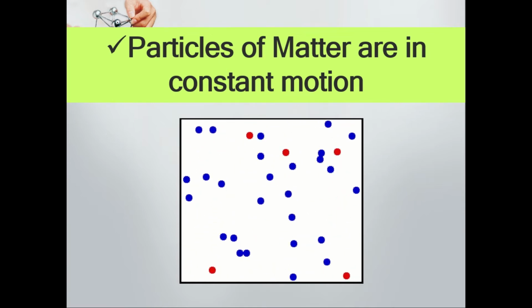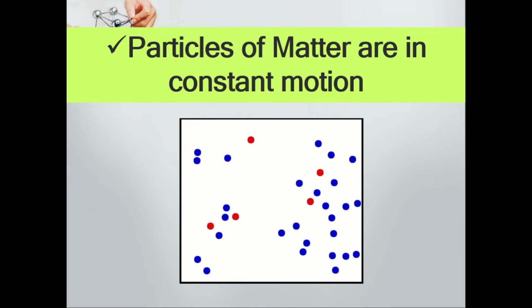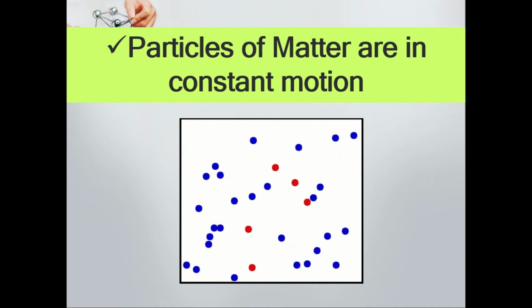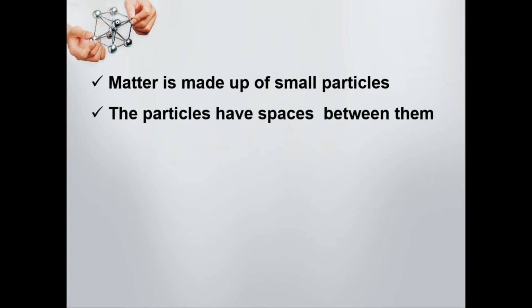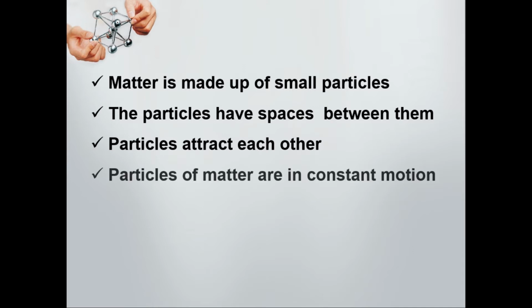That is why they can move in random motion within the room, and that is why we can smell the perfume. So the first fact about matter is that matter is made up of small particles, and then the particles have spaces between them. And particles attract each other, which we call the intermolecular forces of attraction. And the particles of matter are in constant motion. They have energy. That's why they can move.